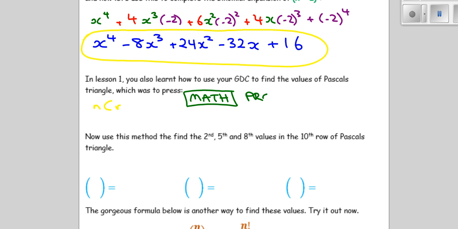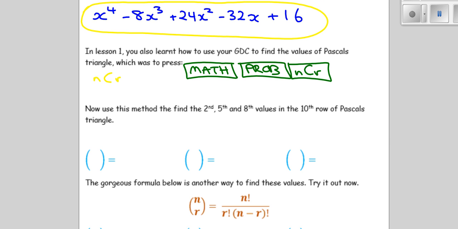And then the third one is NCR. Math, Prob, NCR. So now use this method to find the 2nd, 5th and 8th values of the 10th row of Pascal's triangle.